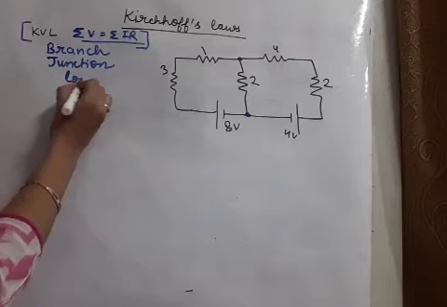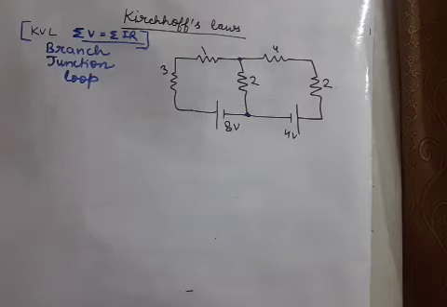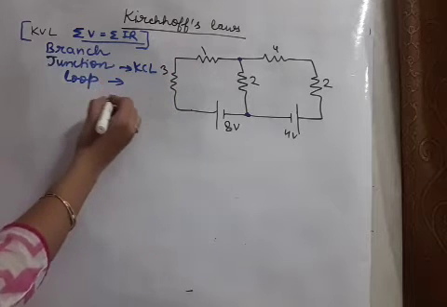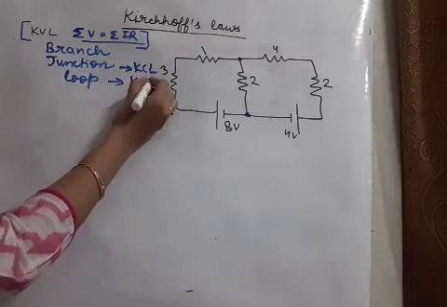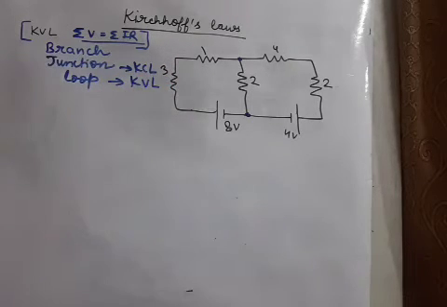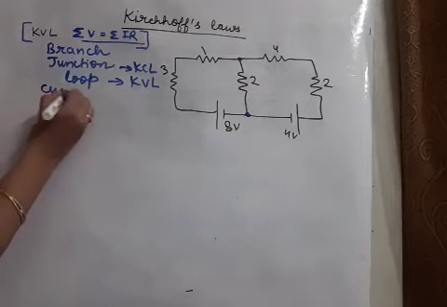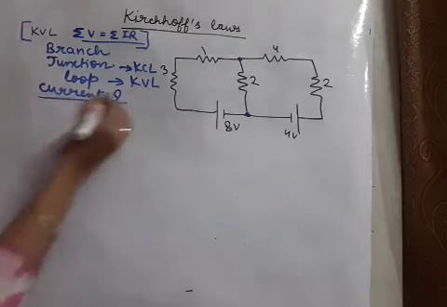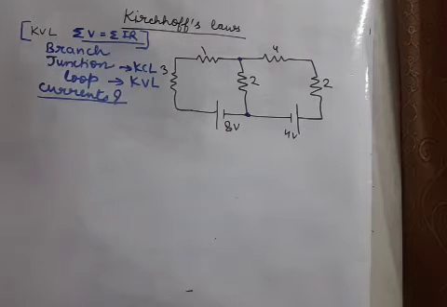So in a circuit there can be multiple loops. On a junction we apply KCL, and in a loop we apply KVL. Now our target is to find the currents in this circuit.